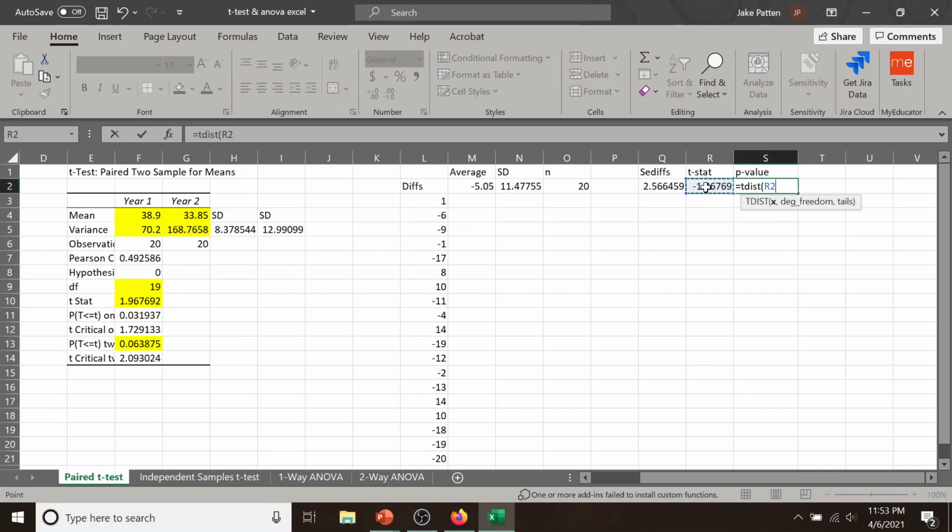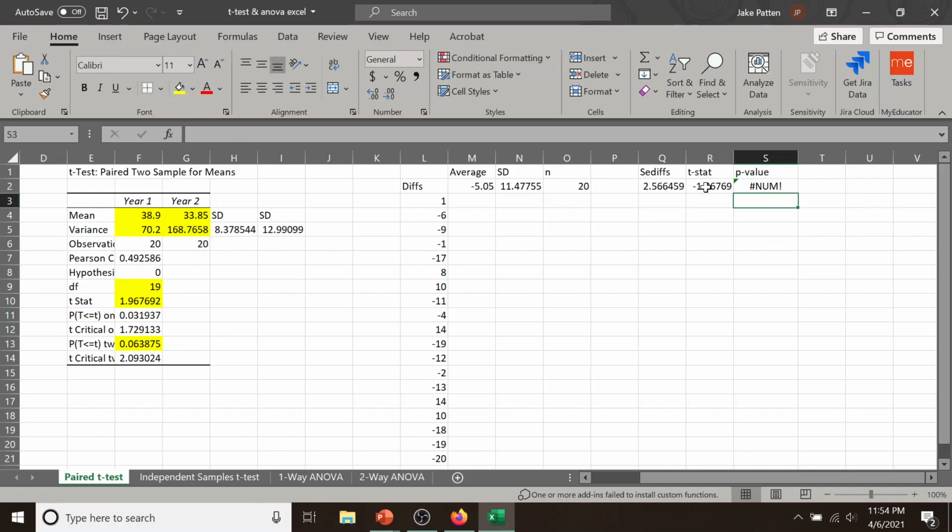So we want to put the t-stat in. Then we need the degrees of freedom, which is n minus 1. So we're going to go to n and subtract 1. And then our tails: we've got a one-tailed distribution or a two-tailed distribution. So we're going to do 1 first for a one-tailed test.